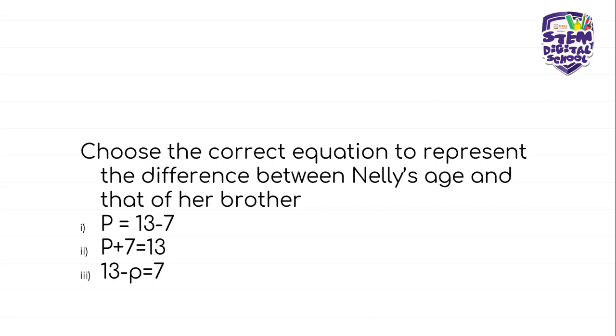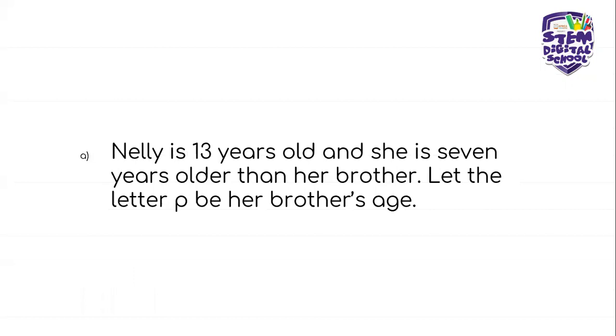What we know, just to take you back, is that Nelly is 13 years old. That is the first information that we have. But we also know that she is 7 years older than her brother.